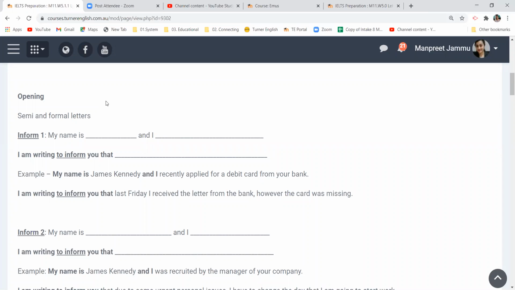Everybody, in a semi-formal letter, do we write the name of the person? Yes. Good. So we just write dear and the name. But in a formal letter, it's just dear sir or madam.